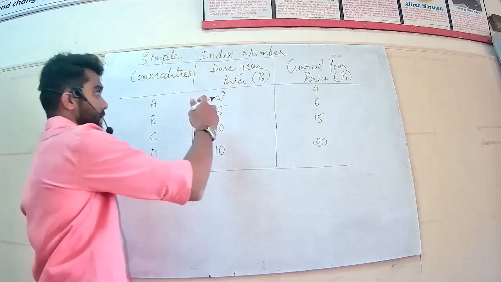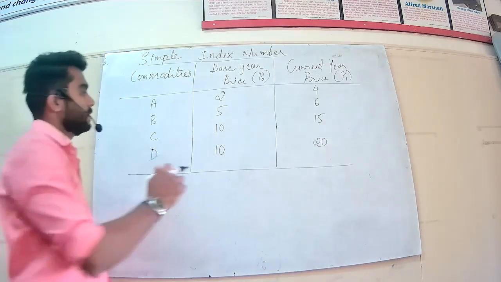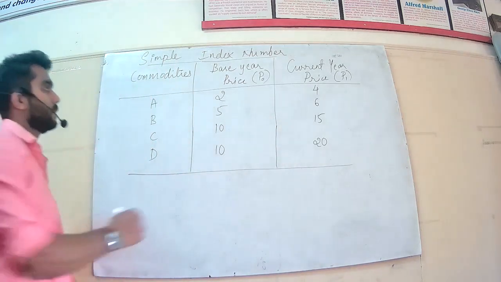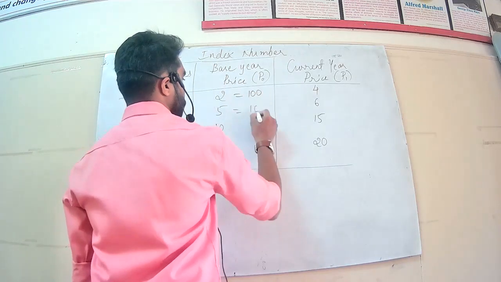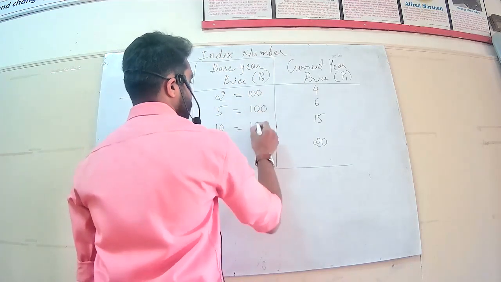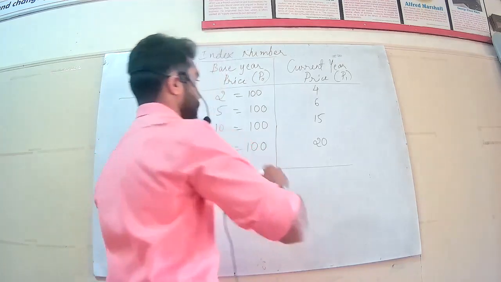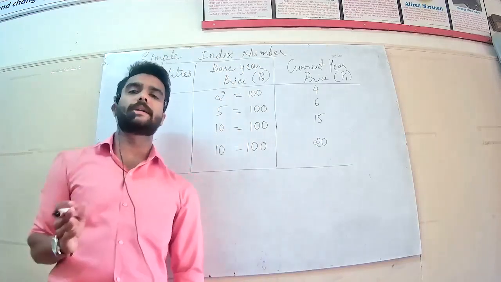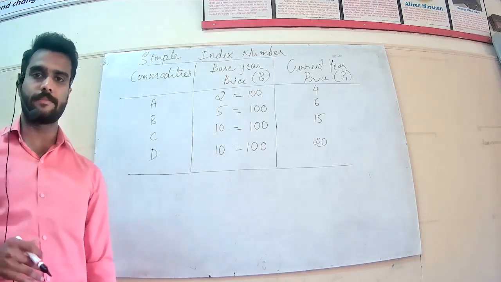For the base year, we are going to take 100 as the index number. So 2 is equal to 100, 5 is equal to 100, 10 is equal to 100, and 10 is equal to 100. This 100 is a pure number, and it indicates the values in the base year time period.